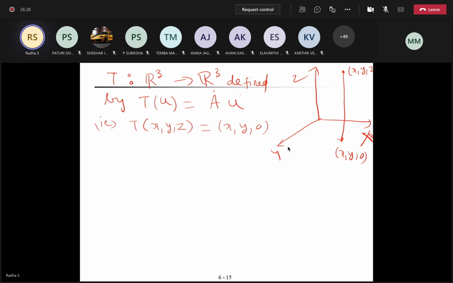Can you guess what the matrix A should be? If the matrix is identity, then X, Y, Z goes to X, Y, Z. I gave a clue. Matrix A, so that X, Y, Z goes to X, Y, 0.